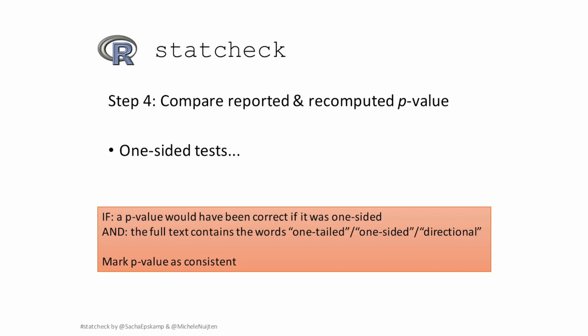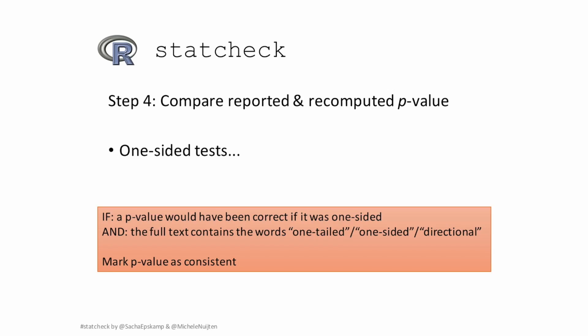Another thing that is important in this algorithm is that we are trying to compare computed and reported p-values. There's actually a very obvious reason why these two might not match, and that would be if a p-value is reported as a one-tailed test, because then the p-value would be twice as small as statcheck would expect it to be. We didn't want to count everything as correct if it could have been one-tailed. Also because we have the feeling that one-tailed tests are often used to make a result look nicer, and it's often not mentioned.